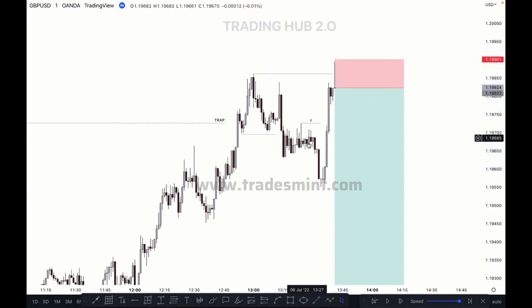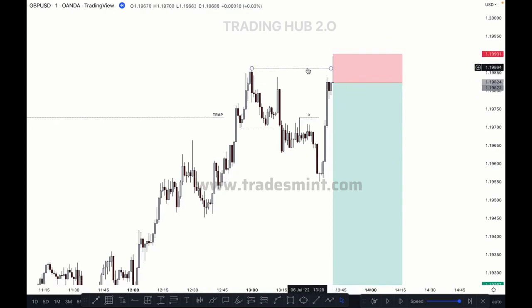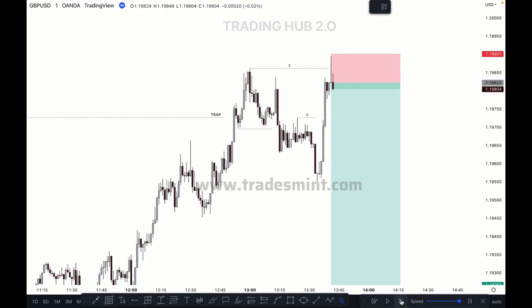So this is liquidity and inducement taken out, and the main thing is the market took out the major high and closed below it. If price closes above it, then we can see some continuation upside to mitigate the M15 supply zone, correct? So this is our first entry, the market swept this high, and let's see what happened next.